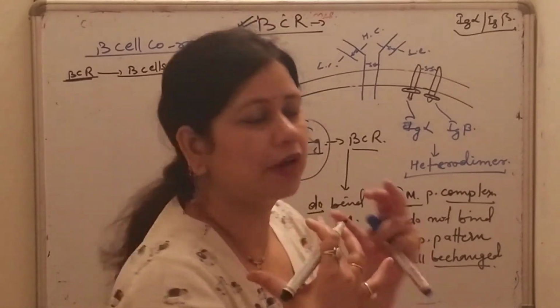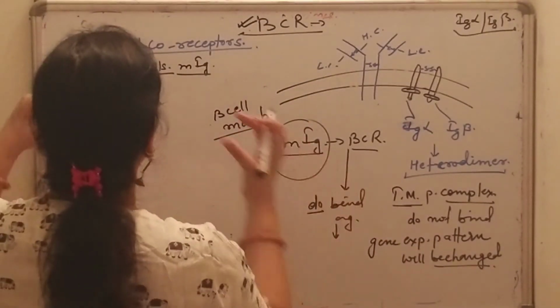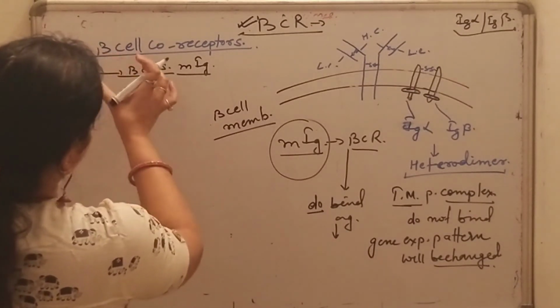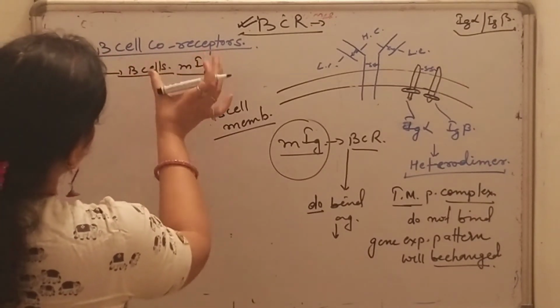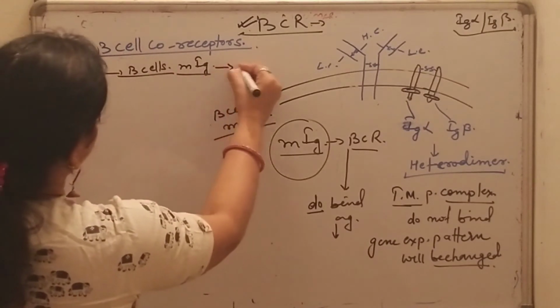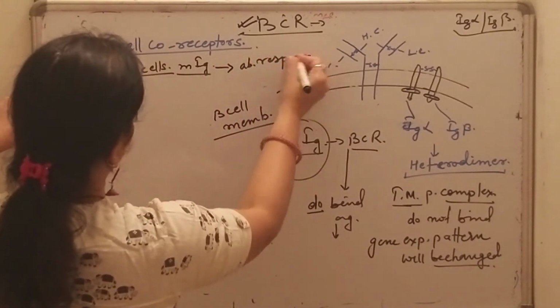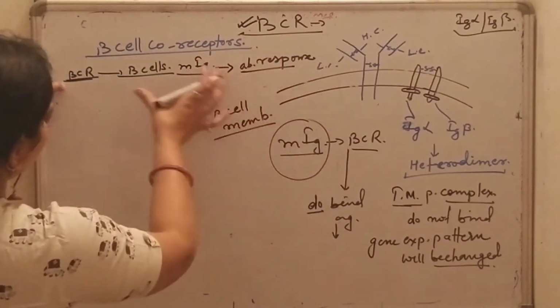So this is a very important function of the B cell receptor, that it allows the B cells to bind to a specific antigen against which it can initiate the antibody response or immune response.